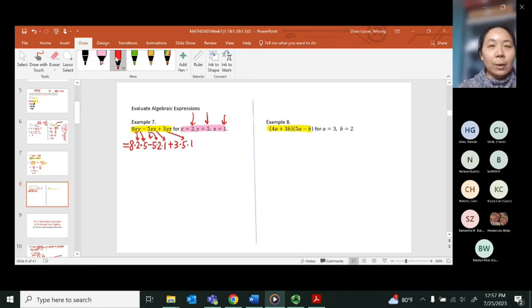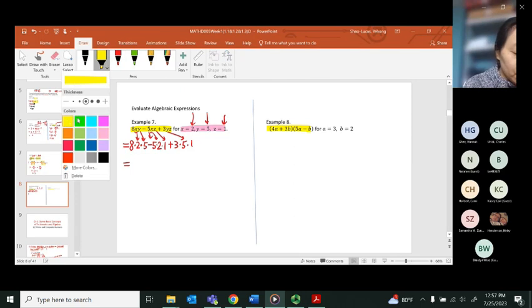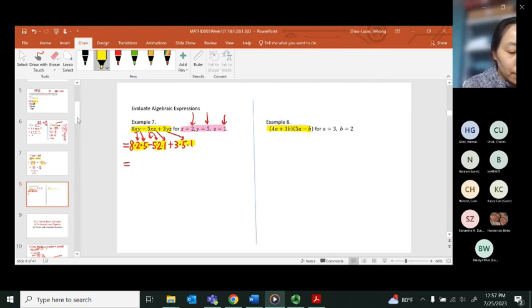After you plug in all the numbers, now you can evaluate like we just did before, all those questions with only numbers. Now we follow the order of operations. So I'm going to do multiplications first. We'll be doing this, this, and that. That gives us some. There are a few properties that might make the calculation a little easier.